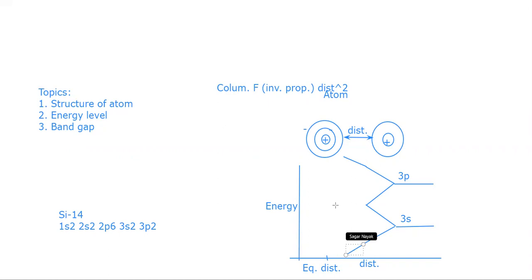When you bring these two atoms much closer, their energy levels are going to split further. It's going to be like this, and this is going to continue. So there are plenty of energy levels here.